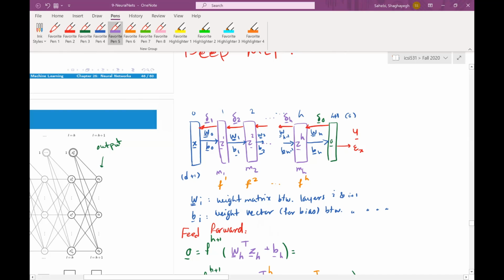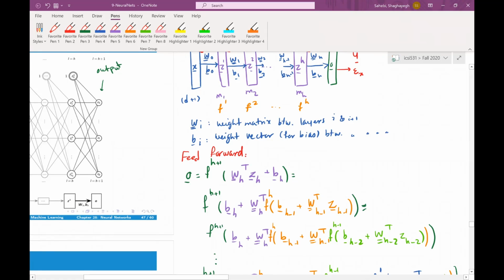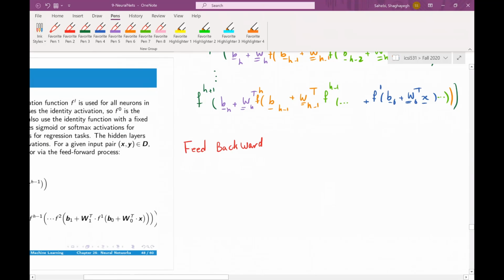These are the net gradients that we calculate at each layer, and using them, we can update the values of parameters W and B.